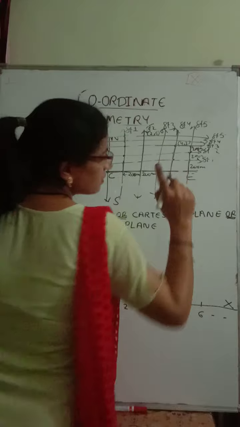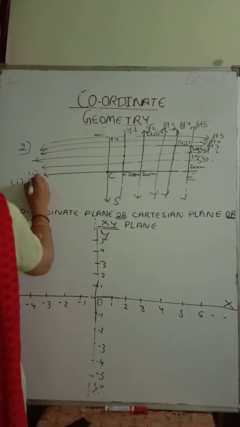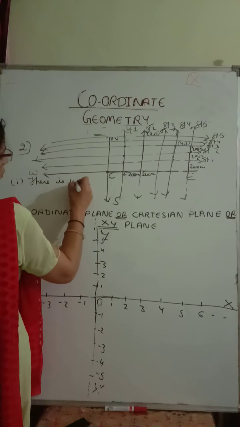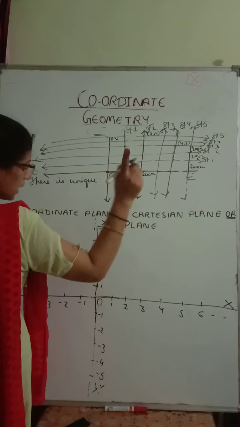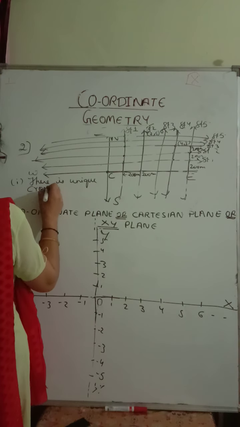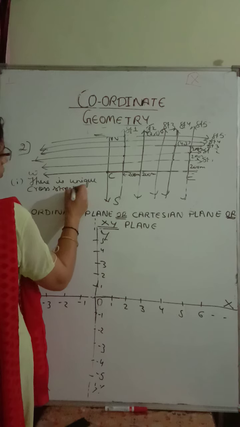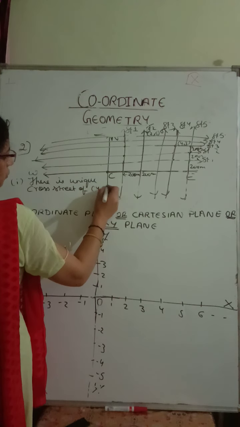So 4,3 can be only one. So we'll write there is unique. Unique means only one cross street of 4,3 form. Okay?